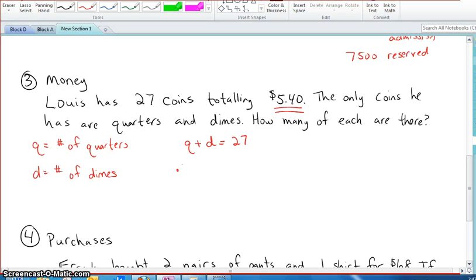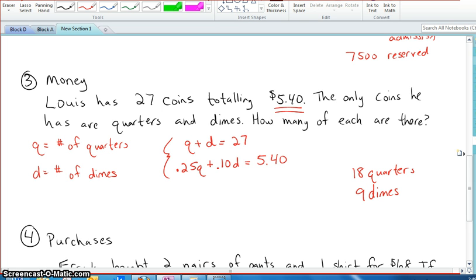Each quarter is worth 25 cents. So 25 cents times a quarter plus 10 cents times a dime equals $5.40. So here is my system. Now you just need to know substitution or elimination. Eventually you'll get 18 quarters and 9 dimes.